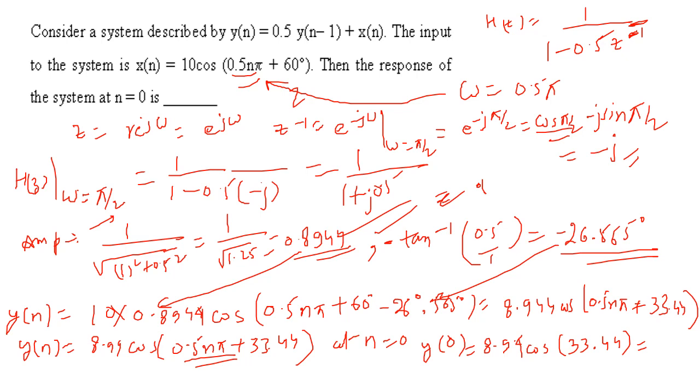That comes out to be 8.944 into cos of 33.44, and it is 7.46. So 7.46 is our answer. This is how we have to solve these kinds of problems.